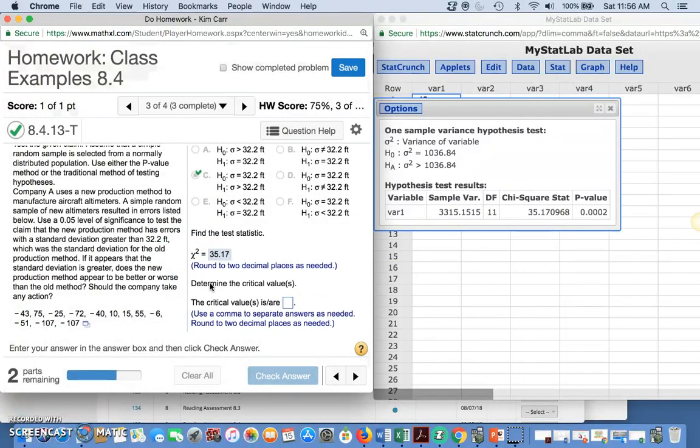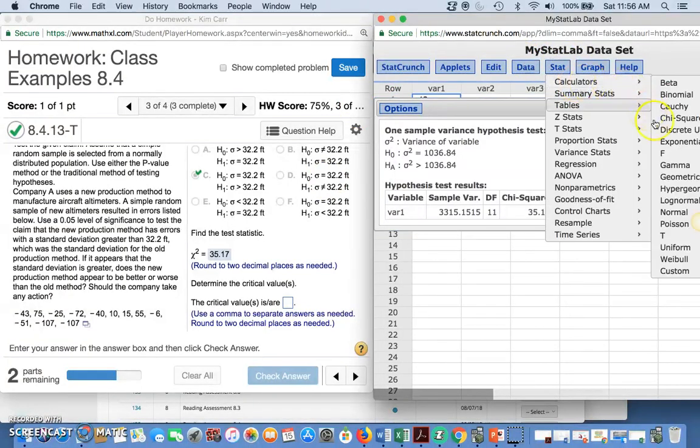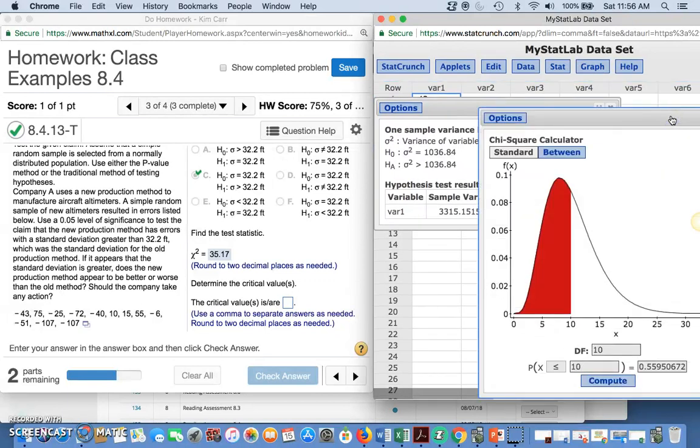Okay, but notice this next question, it doesn't ask anything about the p-value. It talks about the critical values. So we've got to find the chi-squared critical value. So we'll go back to stat, and this time we'll go to calculators, and we want the chi-squared calculator. Okay, remember we're dealing with greater than.